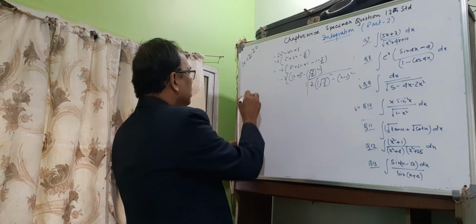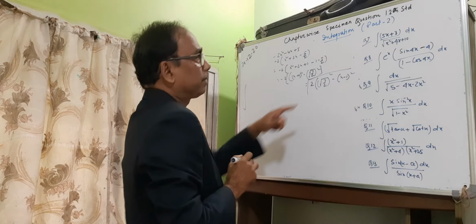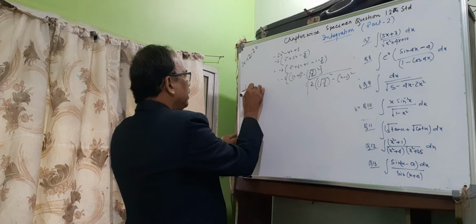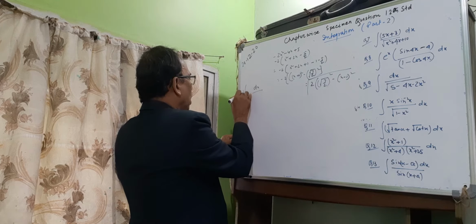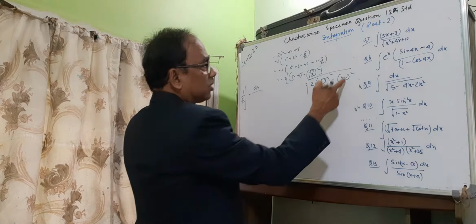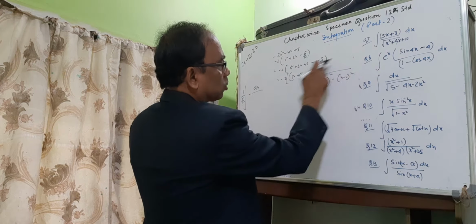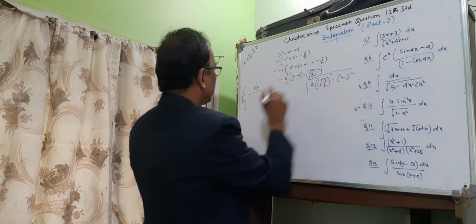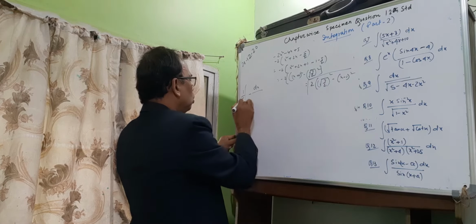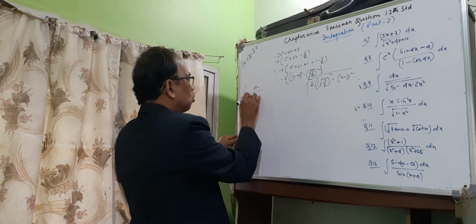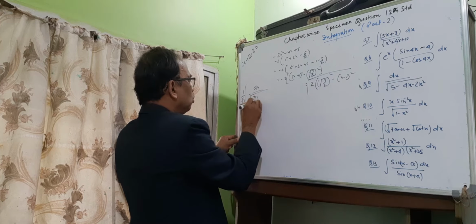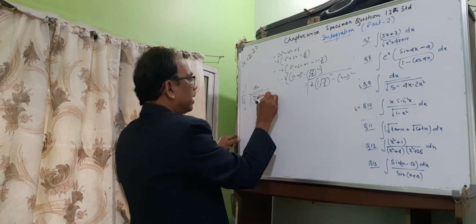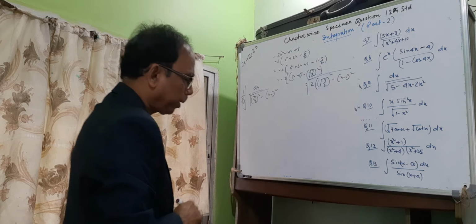Okay, now let's do the integration here. dx by square root. Instead of this we have to write this, the square root of this. So 1 by root 2, square root of 7 by 2 whole square minus (x minus 1) whole square.